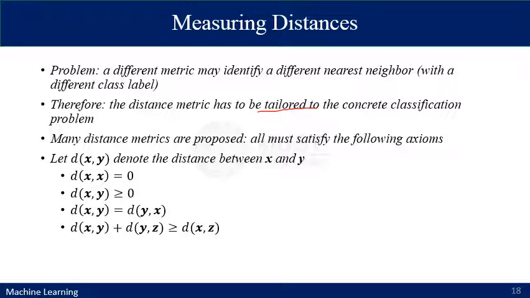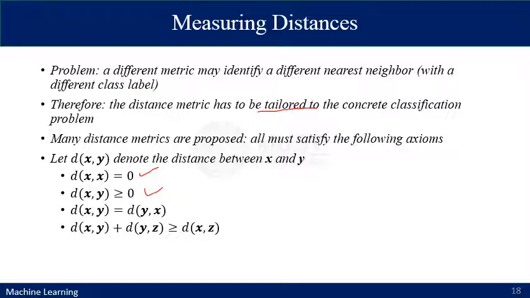We denote the distance between two points x and y as d(x, y). We must be sure that if we calculate the distance of an example with itself, the distance is equal to 0. We are also certain that the distance between two examples will always be greater than or equal to 0, because there are no negative distances.